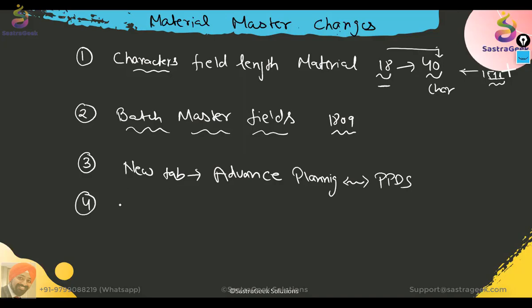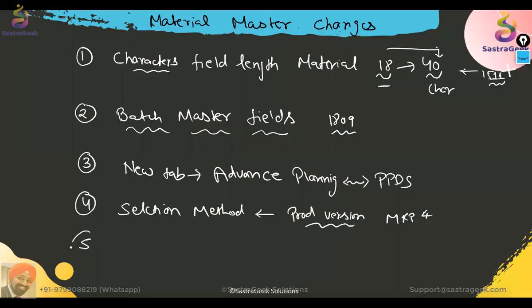There are some selection method related changes. Your BOMs can only be selected with the production version. That is the MRP4 view change. Then there is storage location level MRP.